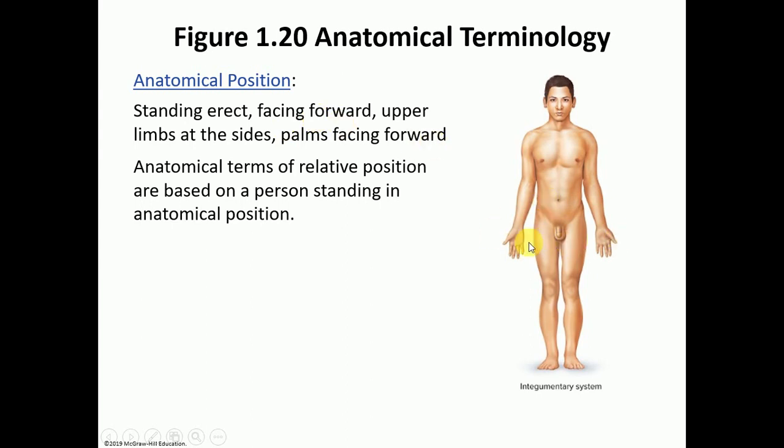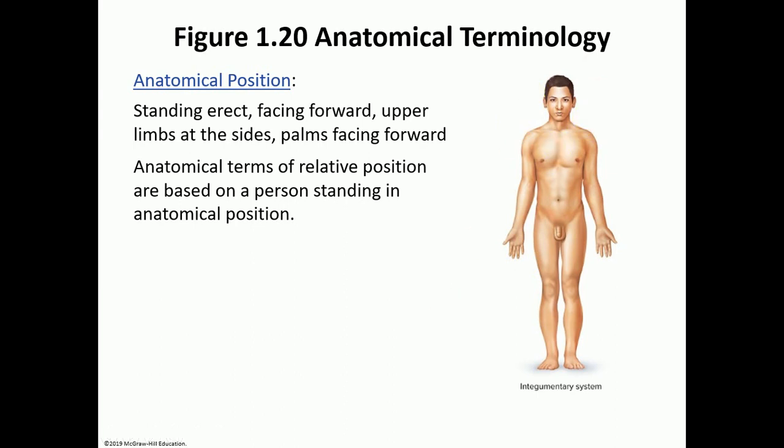All of the anatomical terms that we're going to be talking about are based on this anatomical position. So the hand is always going to be inferior, or below, the head. No matter what is going on with this human, in the correct anatomical position the hand is inferior to the head.